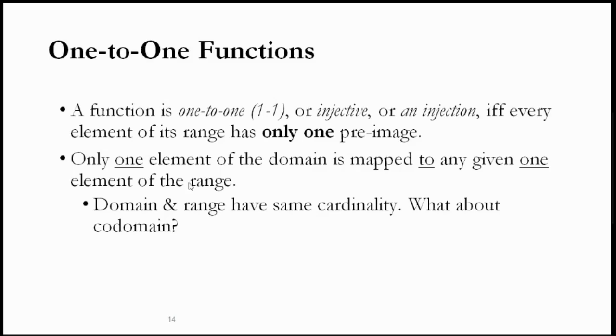A function is one-to-one, or injective, or an injection, if and only if every element of its range has only one pre-image. Only one element of the domain is mapped to any given element of the range. Domain and range have the same cardinality. What about the codomain?